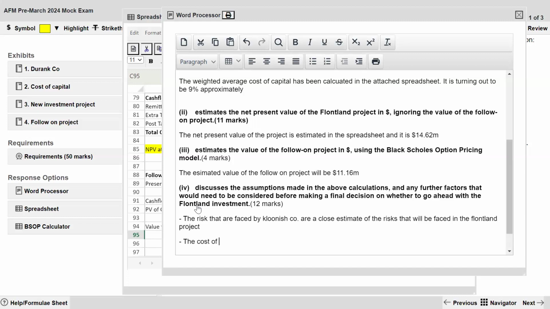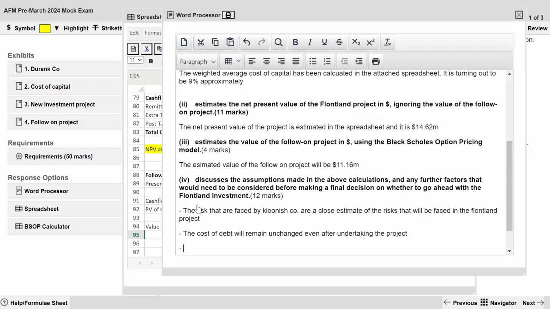The cost of debt will remain unchanged even after undertaking the project. Duncan has sufficient cash flows to invest in the project.